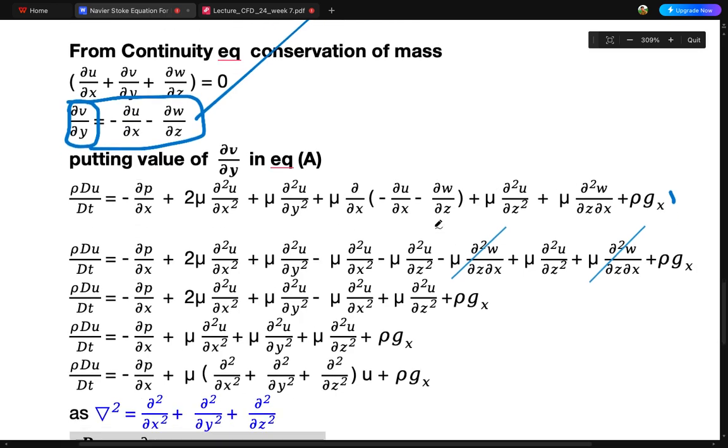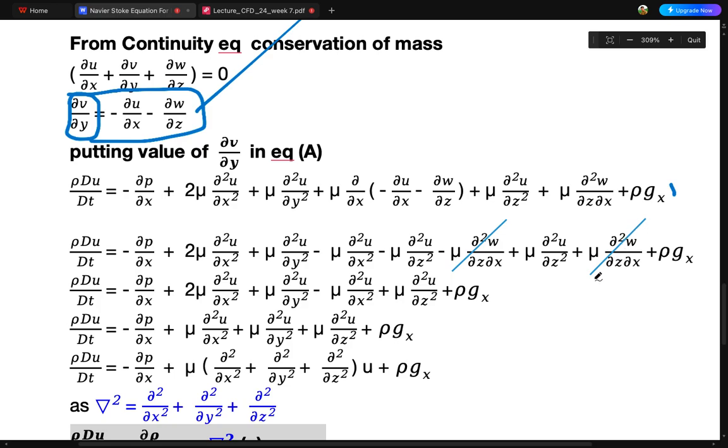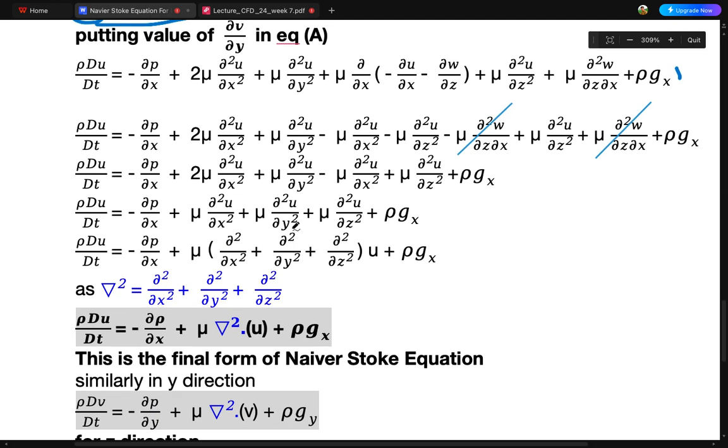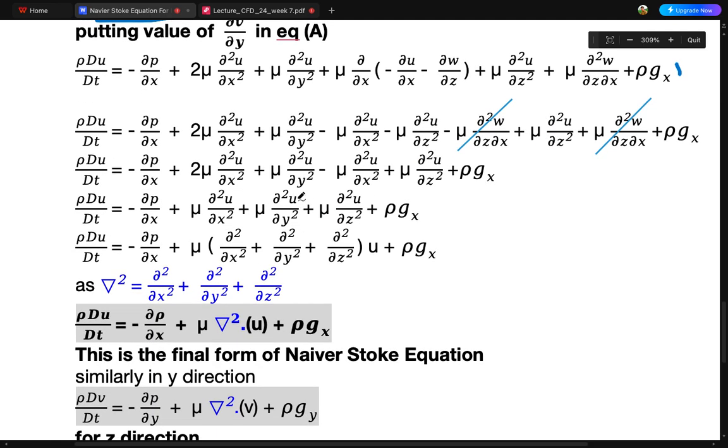and these two terms cancel with each other. We can write it here. Similarly 2 mu, and these both are minus.